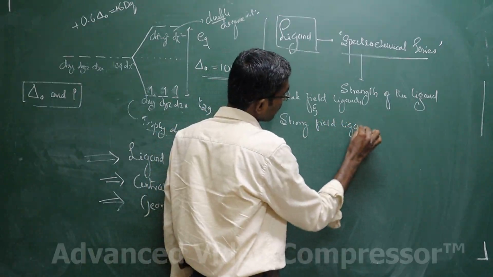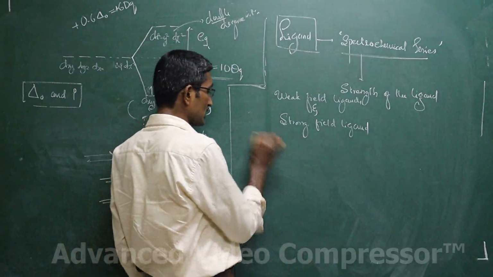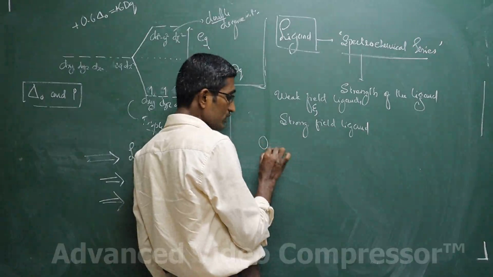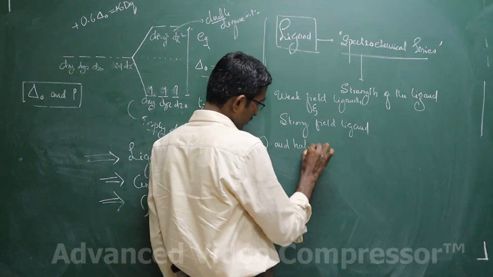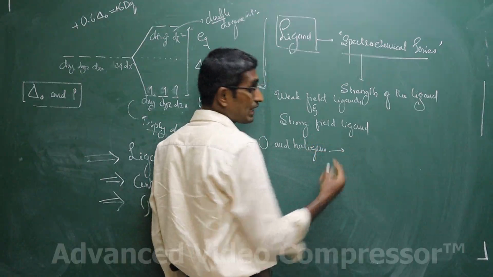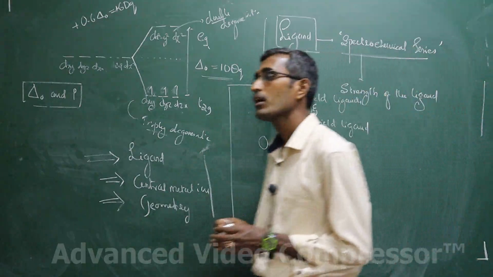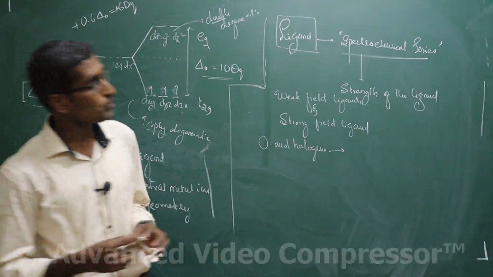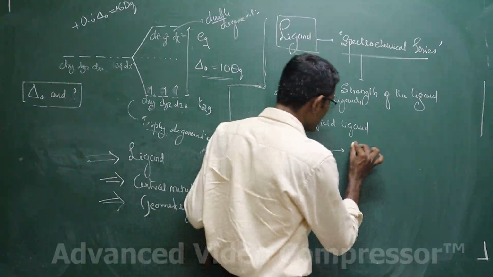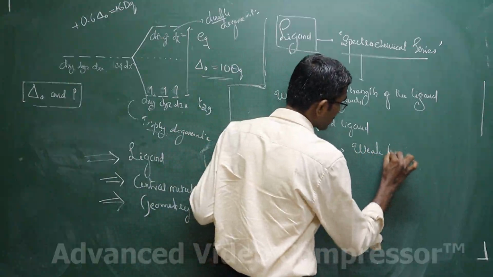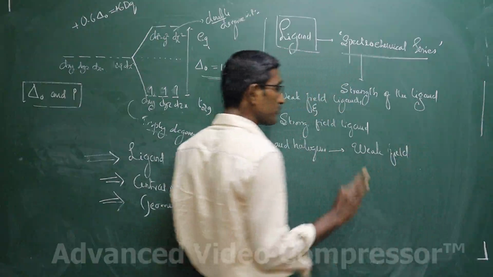One important clue I can give you is, remember, whenever oxygen and halogens are the ligating atoms, when the coordination bond happens between the metal ion and the ligand through the oxygen or the halogen, generally they will have a weak field. Got it? So generally they will be weak field ligands, or weak ligands.